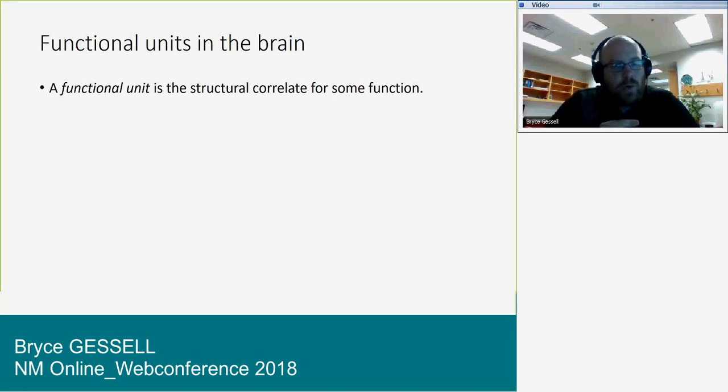My term structural correlate in this definition includes less determinate entities like nodes and networks, but also more determinate entities like ion channels, synapses, and clearly defined neural circuits. So on my view, it's not a requirement that functional units have obvious physical anchors.